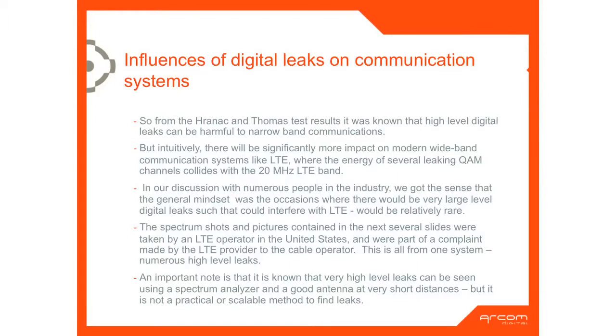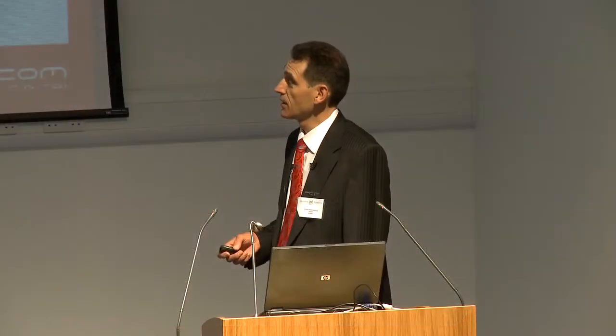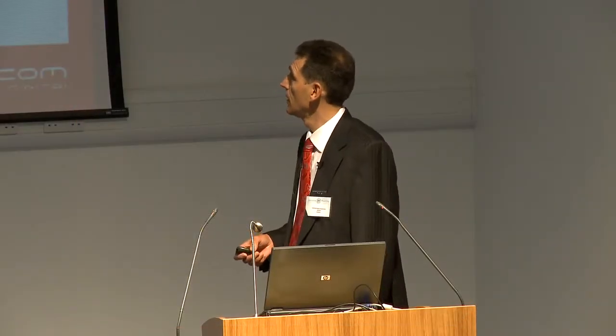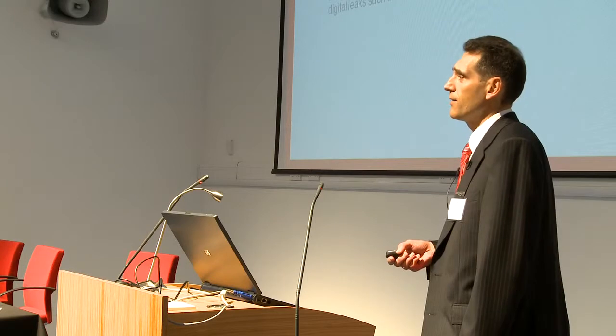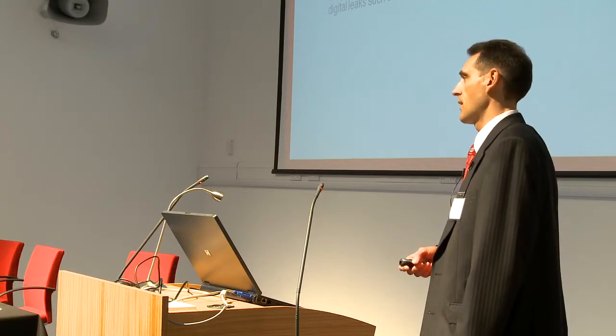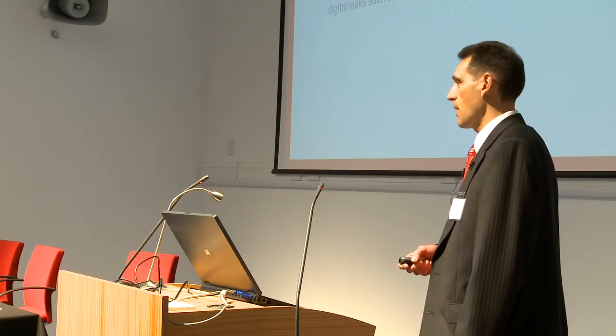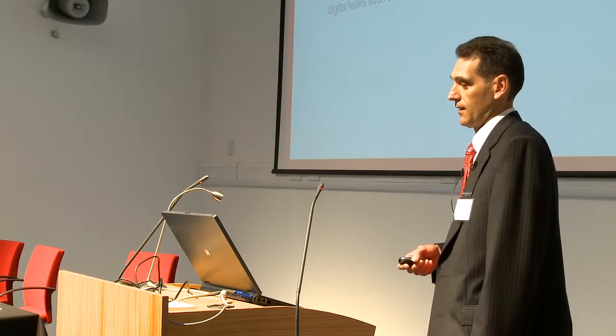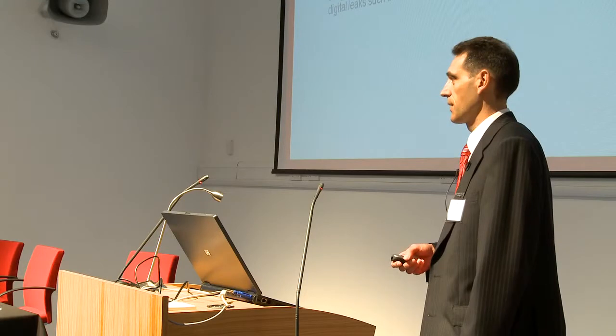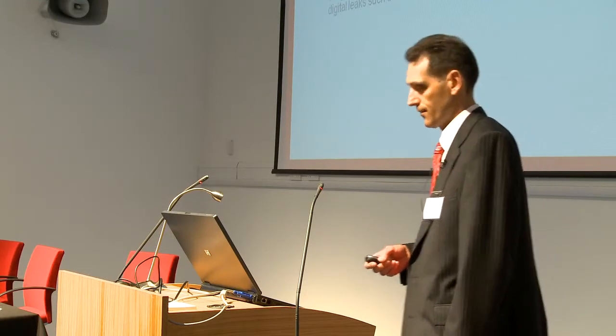In our discussions with people who are familiar with the subject in the industry, we got the sense that the mindset is that in general, it would be a very rare situation that a leaking QAM signal would disturb LTE transmission because it won't be that strong.